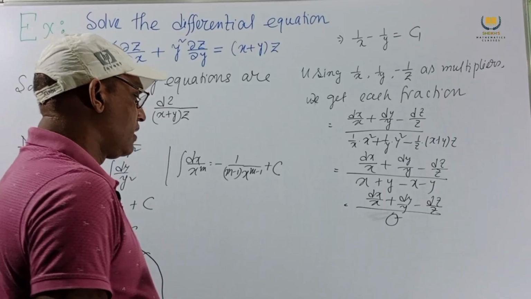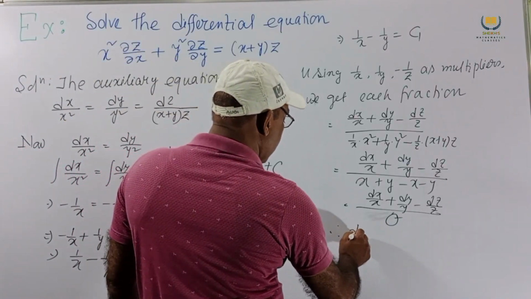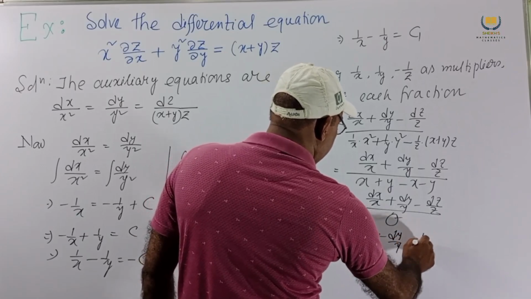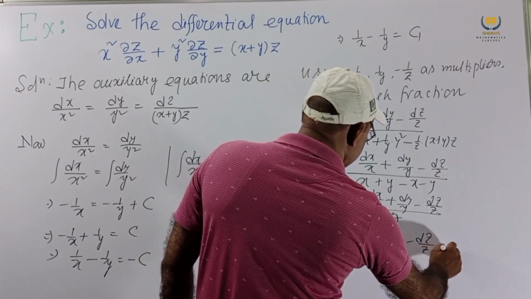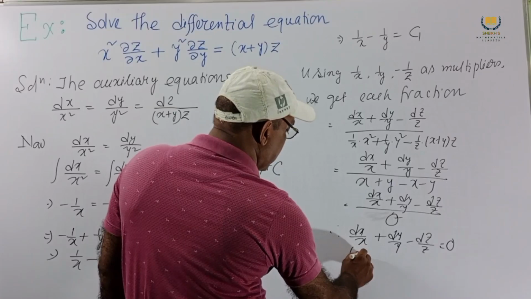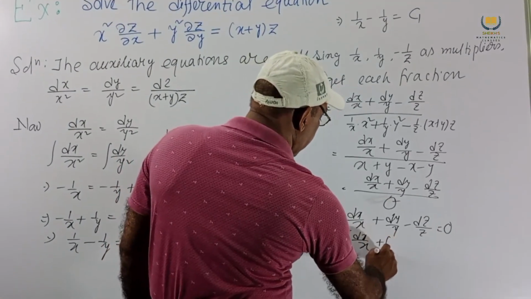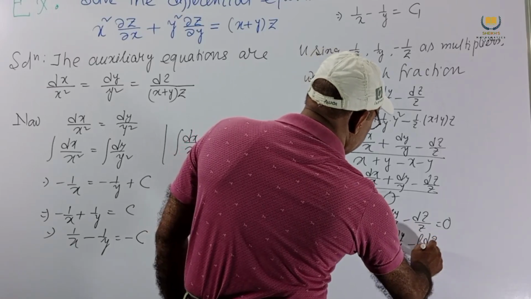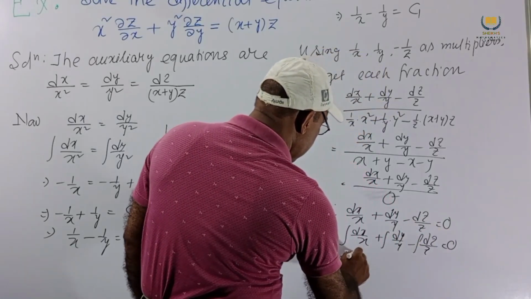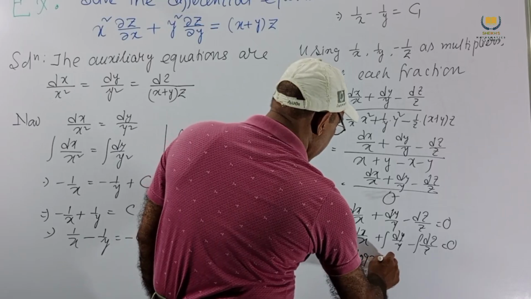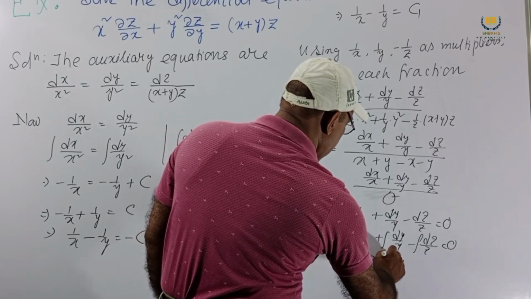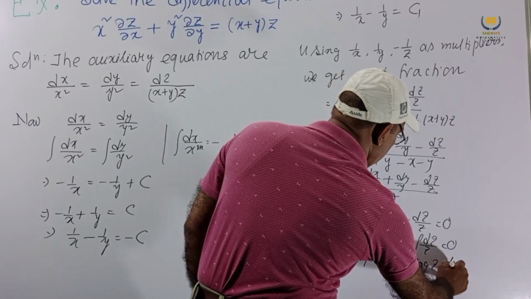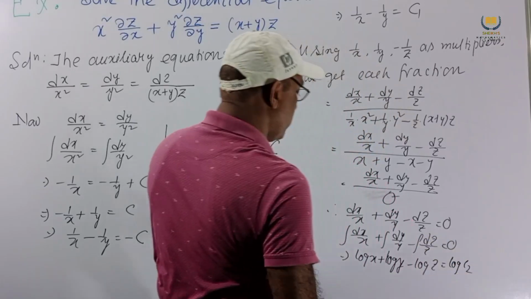Therefore finally we get dx/x + dy/y - dz/z = 0. If we integrate, ∫dx/x + ∫dy/y - ∫dz/z = 0. This is log x + log y - log z = log c2.